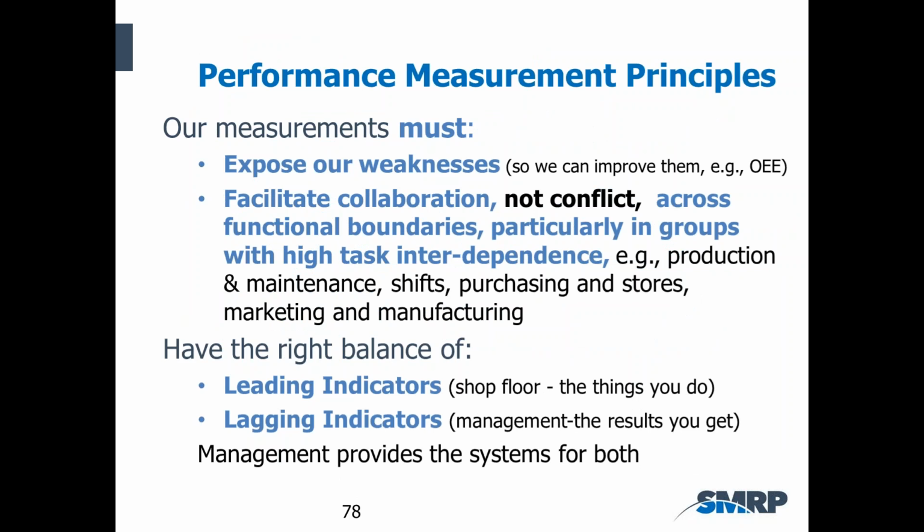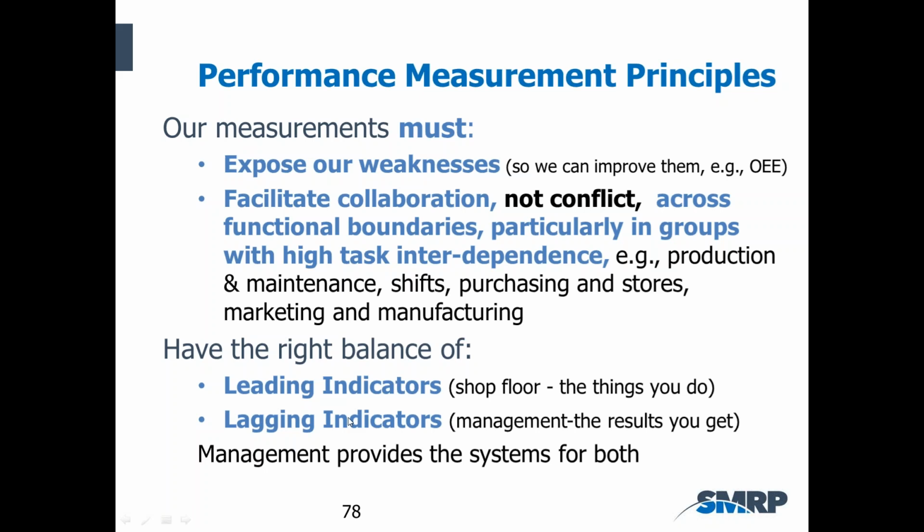A little bit on performance measures. Our measures must expose our weaknesses. OEE is a great measure for exposing your weaknesses. Must facilitate collaboration, not conflict across functional boundaries, particularly when you have high task interdependence, and have the right balance of leading and lagging indicators.